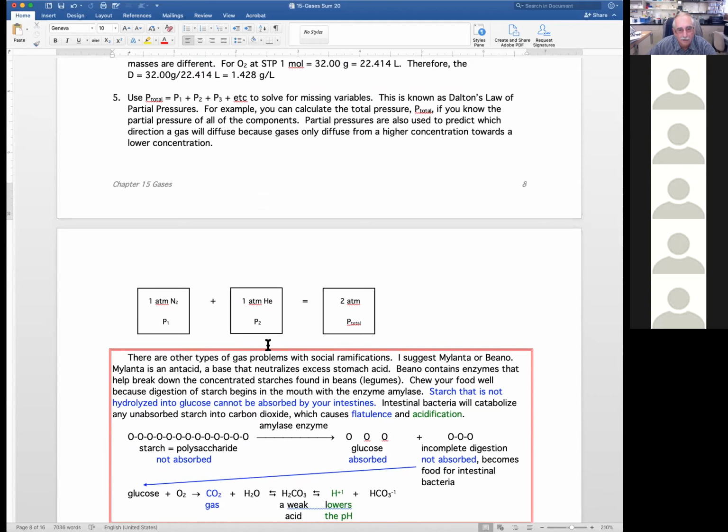So if I have a container, I got 1 atmosphere of nitrogen in one container, another atmosphere of helium in another container. When I add those two together in the same container, pressure simply doubles. It's additive. And then there's math that can be involved. If I know this, and I know this, I could calculate this. That's all.